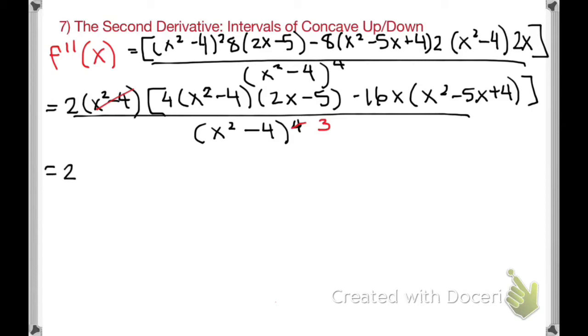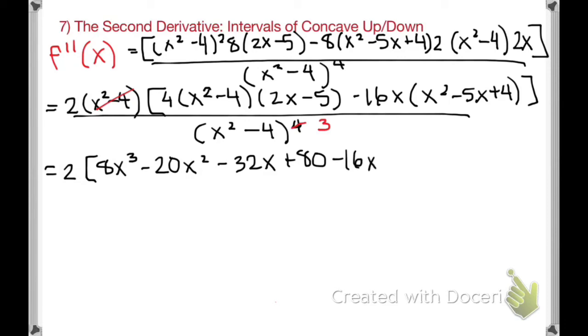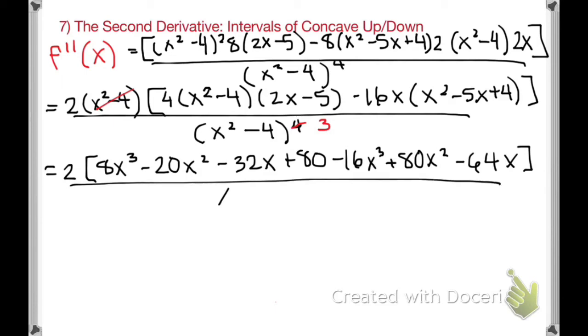We're going to get 2 times 8x to the 3rd minus 20x squared minus 32x plus 80 minus 16x cubed plus 80x squared minus 64x, all over our new denominator of x squared minus 4 to the 3rd.